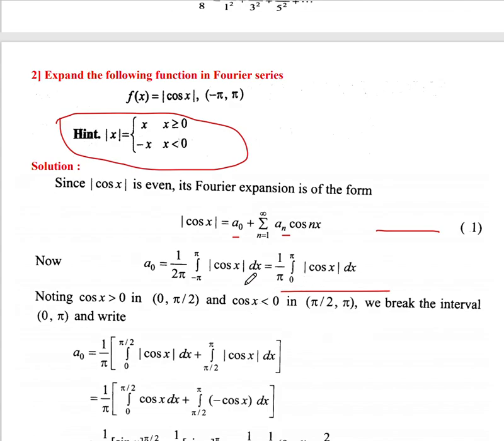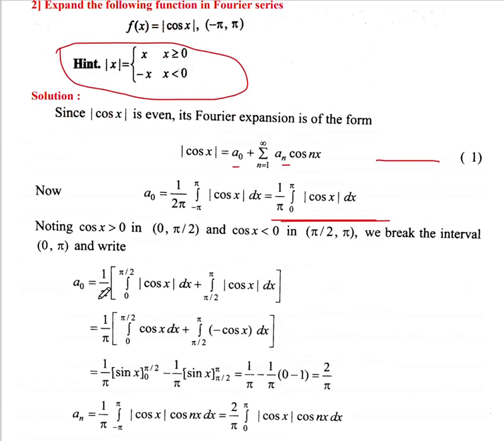That means the interval 0 to pi can be broken into two intervals, that is 0 to pi by 2 and pi by 2 to pi. So therefore a0 equals 1 upon pi integral 0 to pi by 2 mod cos x dx plus the second integral pi by 2 to pi mod cos x dx.